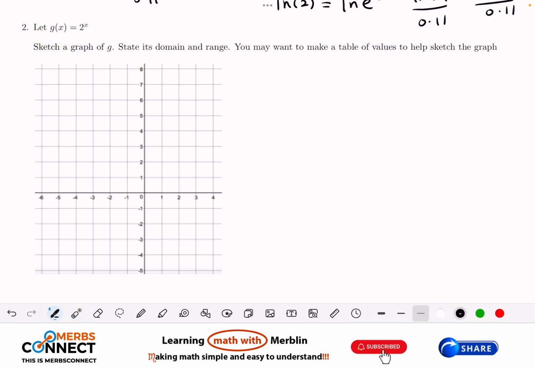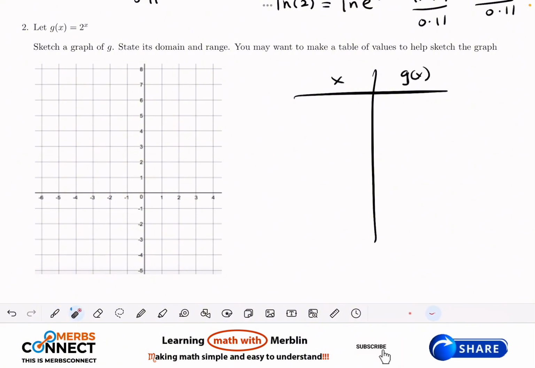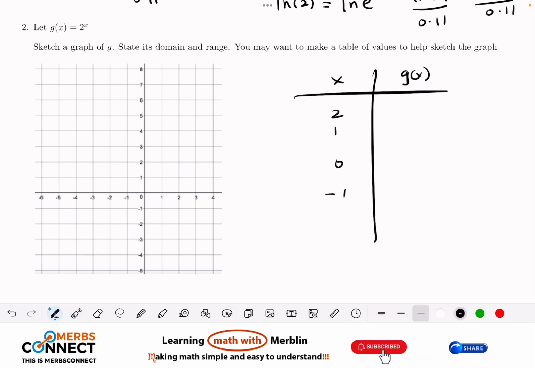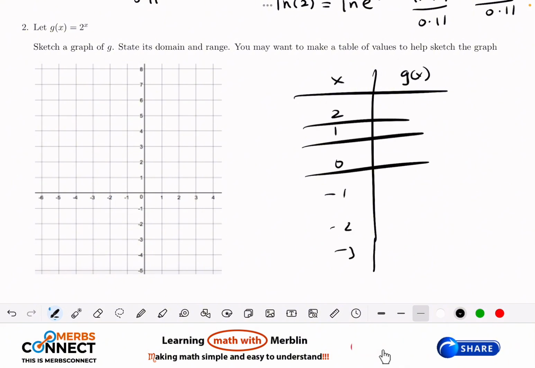So the simple way of going through this is we can draw a table. We have our x here and then we have f of x here, right? Then we can pick some values, like 2, 1, 0, minus 1, minus 2, minus 3, so that we can look for their corresponding values.